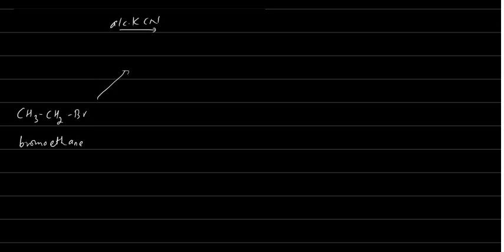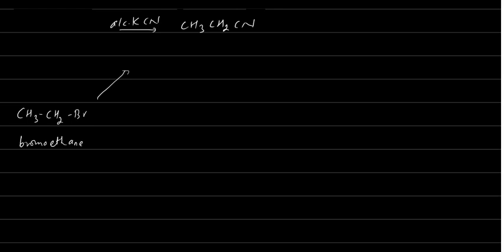Again, bromoethane, CH3CH2Br. This is bromoethane. When it reacts with alcoholic KCN, we said the product formed is CH3CH2CN, ethyl cyanide.